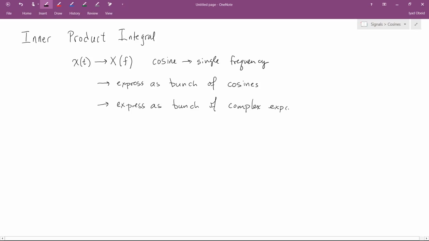And again, if you can express your signal as a sum of complex exponentials, then that's essentially the frequency definition of it. So, as we learned, your complex exponential has the form a e to the j omega t, where omega is some frequency and a is a complex number.